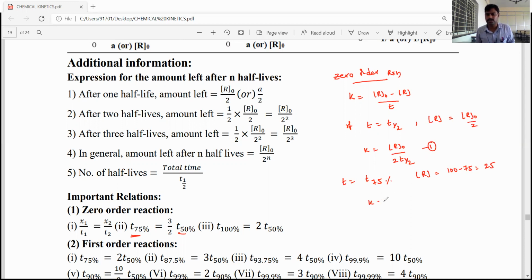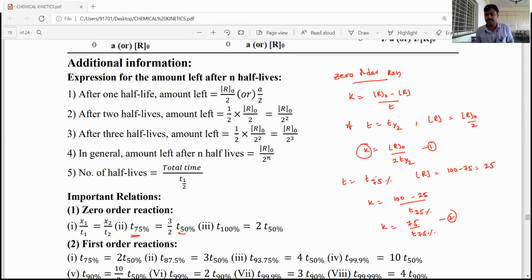Then K is equal to (100 minus 25) by T 75%. In both cases, you just have to simplify. Now K is equal to 75, since 100 minus 25 is nothing but 75, by T 75%. This is equation 2.